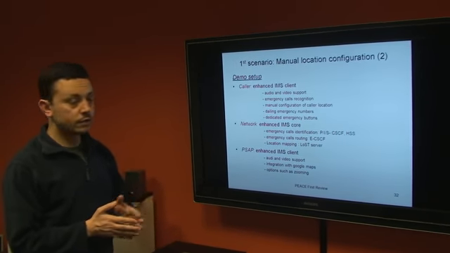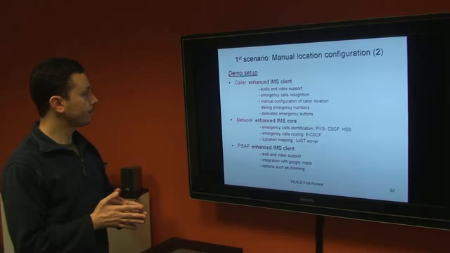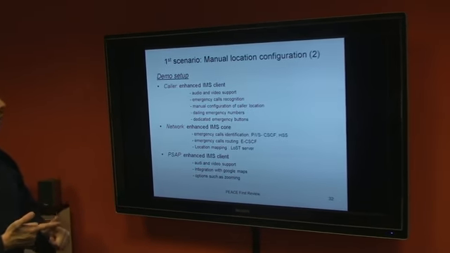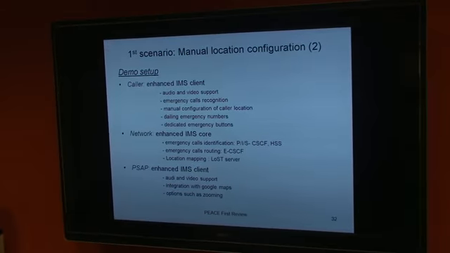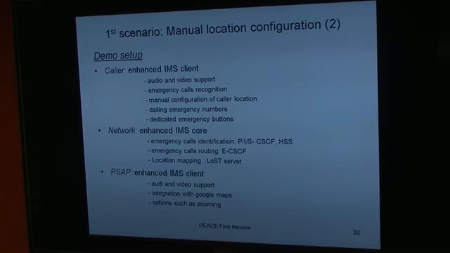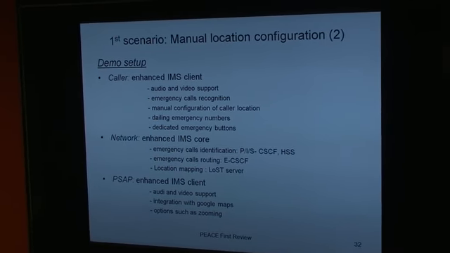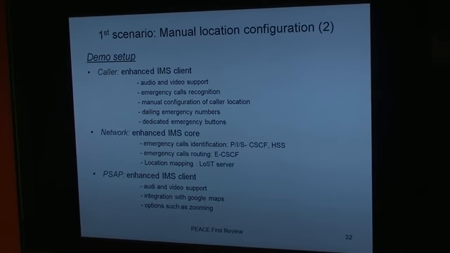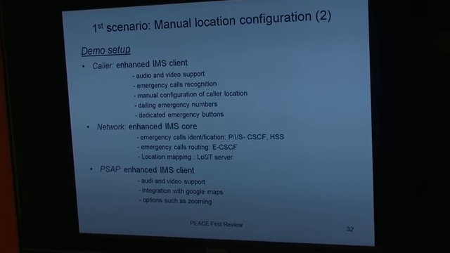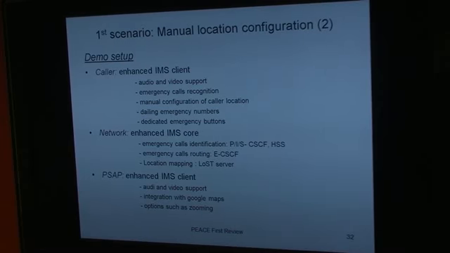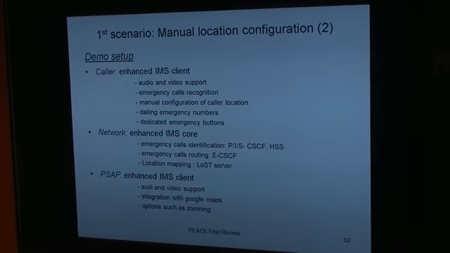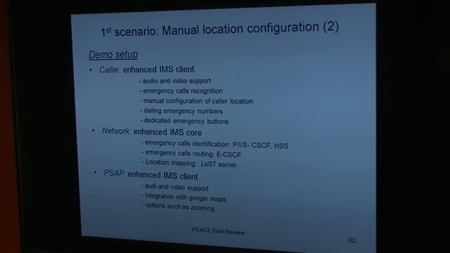To achieve this demo, we need the following setup. For the caller, we need an enhanced IMS client. Enhanced means enhanced with audio and video, with emergency call recognition and identification, and manual configuration for the location information. We have also enhanced this IMS client to support dialing emergency numbers, and also with some buttons to place emergency calls.